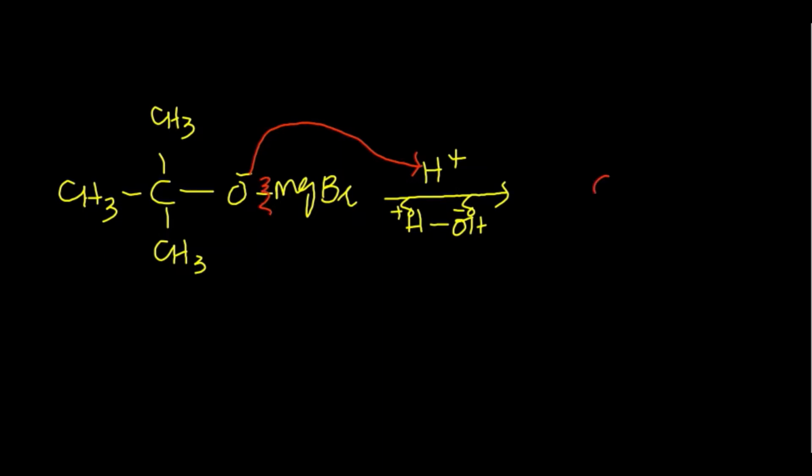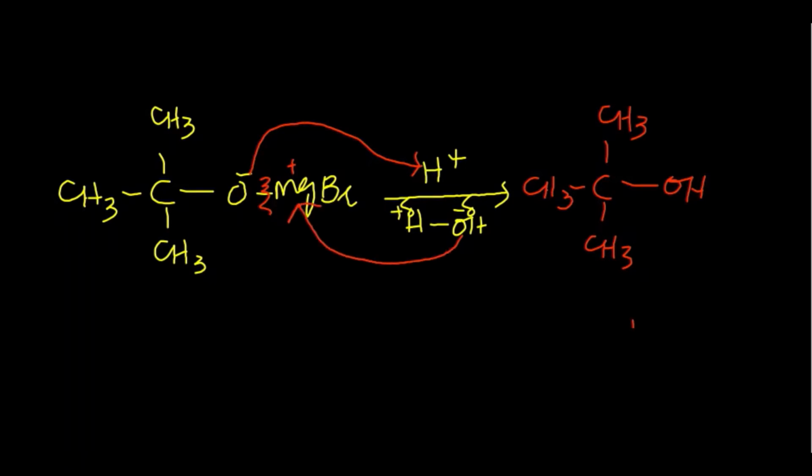So after the reaction we get here CH3, CH3, CH3 and OH, right students. Now magnesium, since it has positive charge on it, the hydroxide ion of water will attack this magnesium and form the next product, which is hydroxy magnesium bromide.